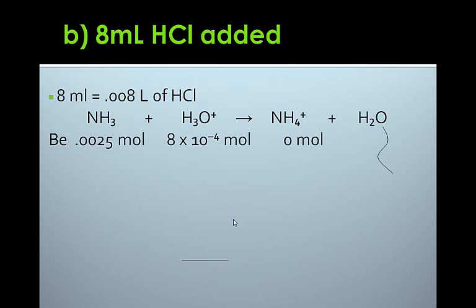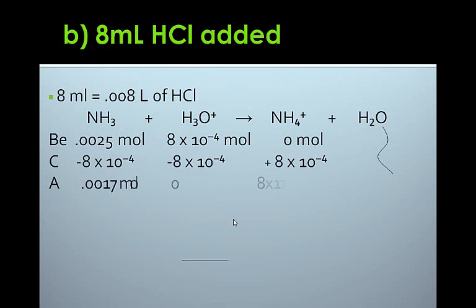So before, we have 0.0025 moles of NH3, and we get that by multiplying the volume times the molarity. And for the H plus, we have 8 times 10 to the negative 4 moles, and we get that by multiplying 0.008 liters times the molarity. And our change is subtracting the least amount of moles, which is 8 times 10 to the negative 4, from the reactants, and we add the 8 times 10 to the negative 4 to the products.